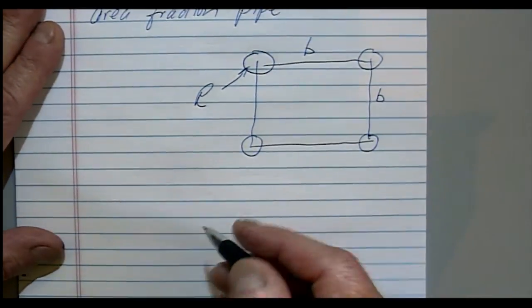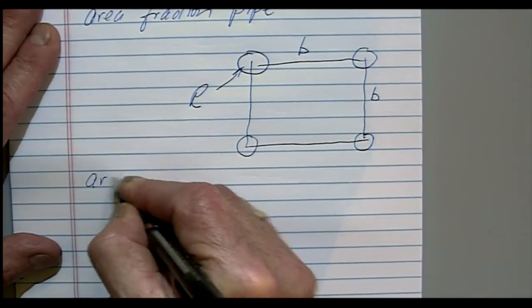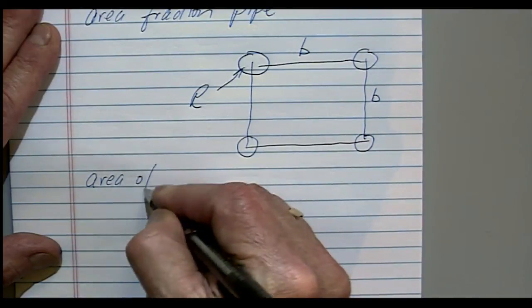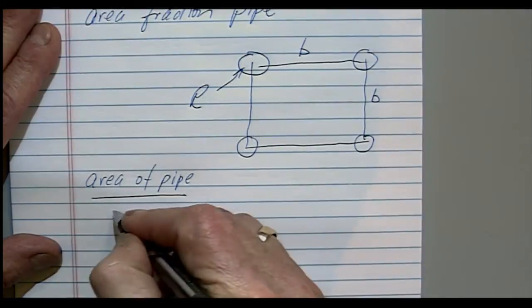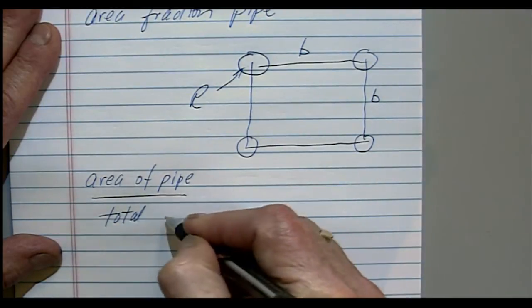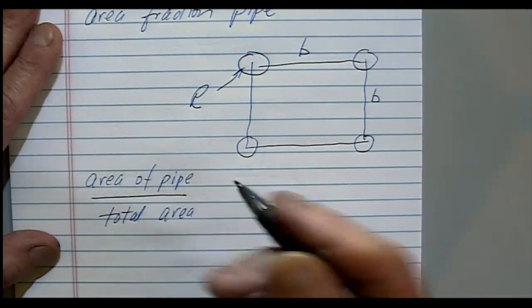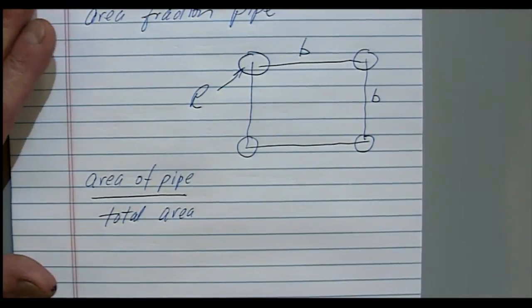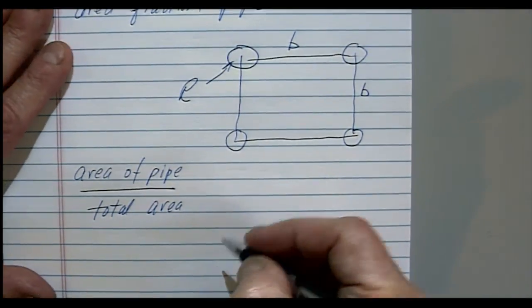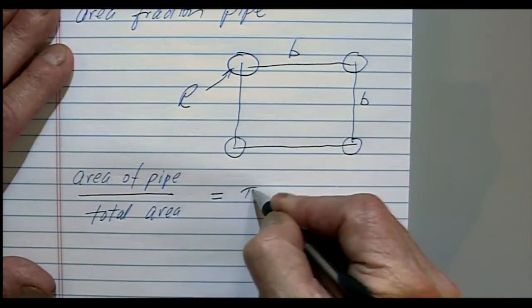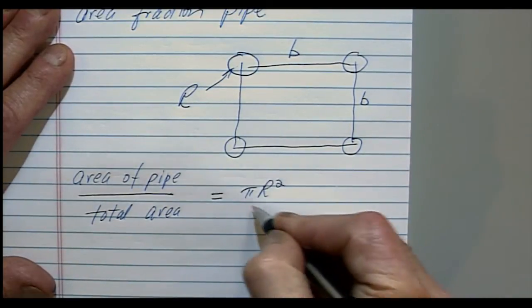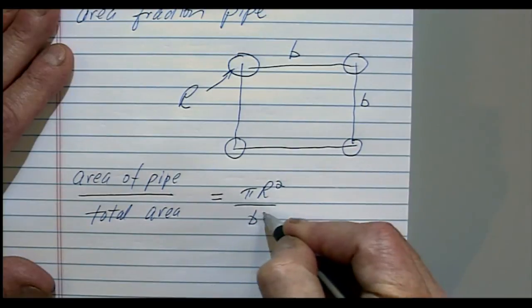And so I want to ask, what fraction of the surface is actually pipe? Then I want to look at the area of the pipe, normalized by the total area. And then I'll know what space I have available for transporting fluid. And that's just equal to pi r squared, the area of a pipe, normalized by b squared.